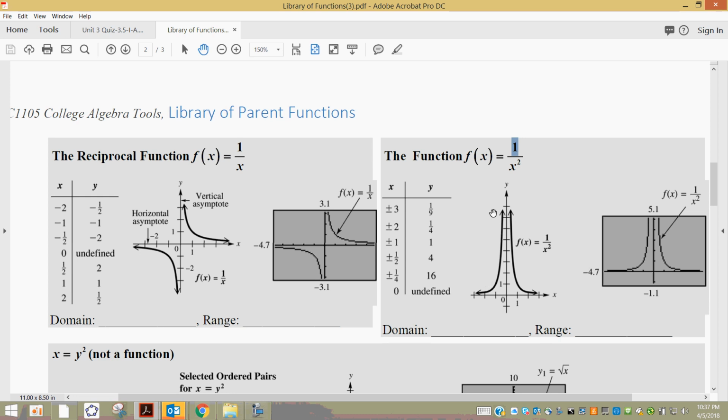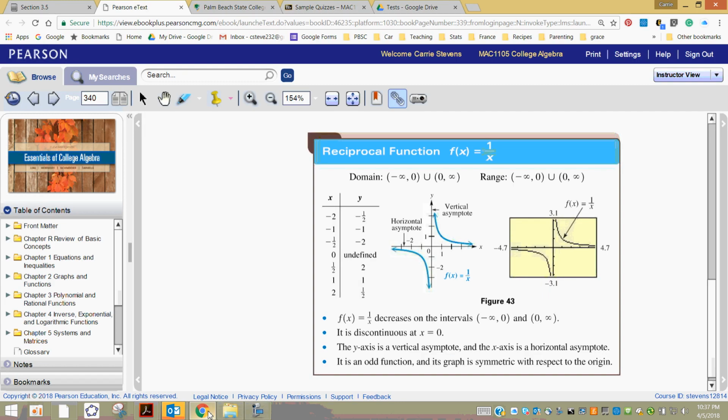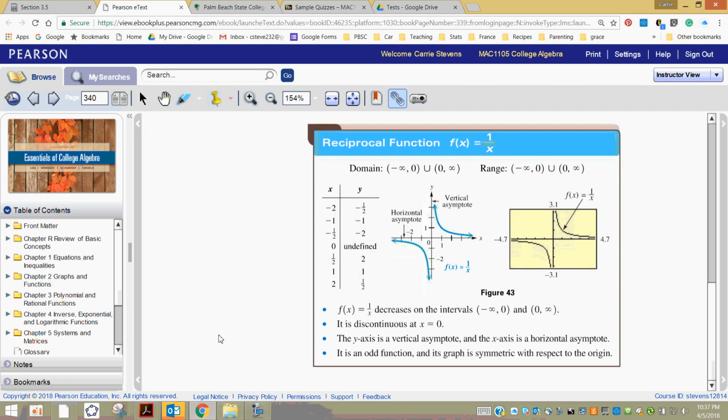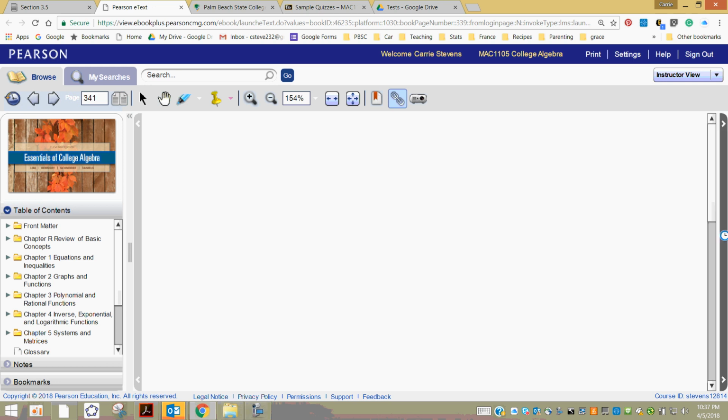So from 0 to infinity for the y values. There you see the reciprocal function in the textbook with the domain and range stated in interval notation, and the facts that we've just been discussing here. So you can read up on that some more if you would like to get more detail.